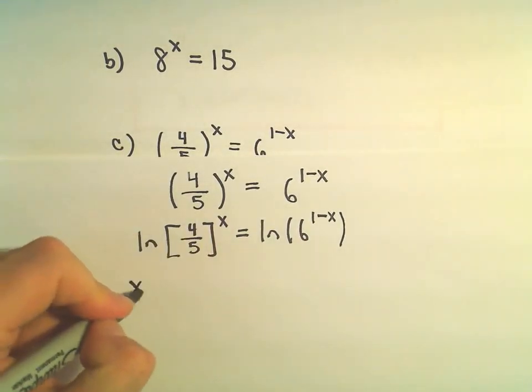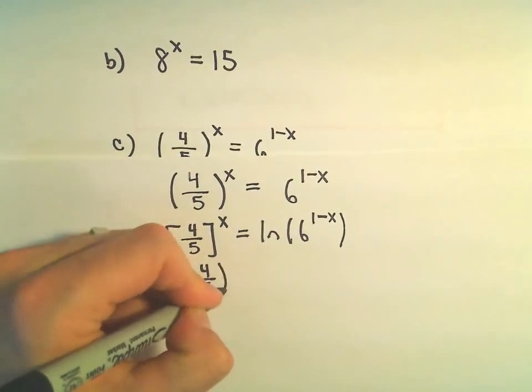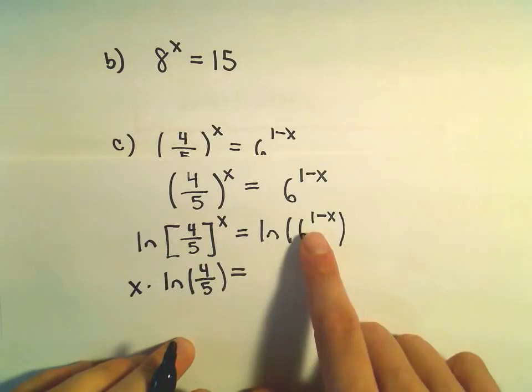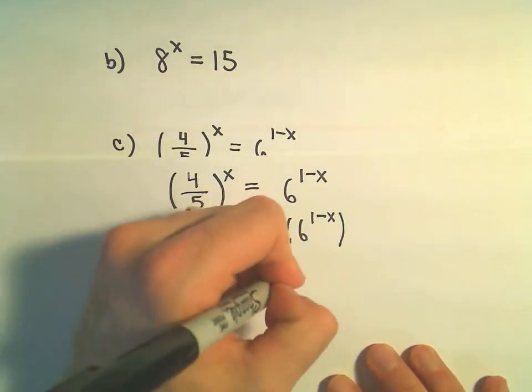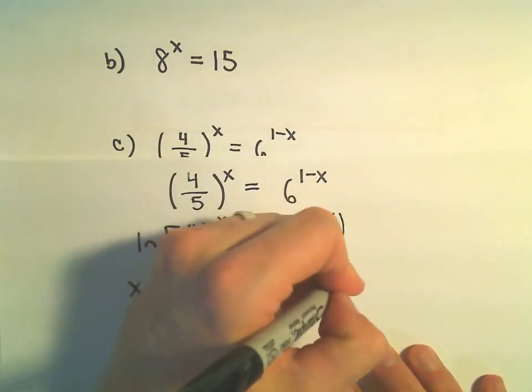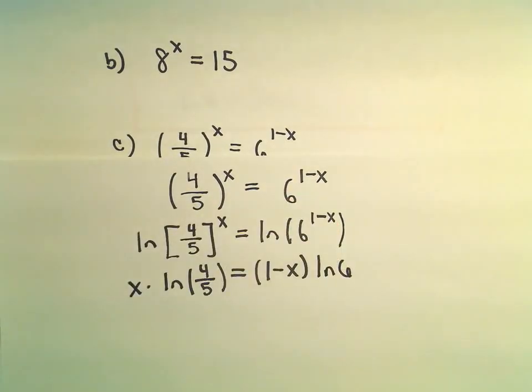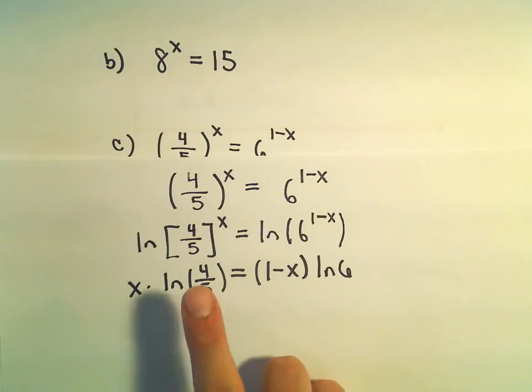So the x would come out front on the left side, and we'd have natural logarithm of 4/5. On the right side, 1 minus x, that's our exponent, so that's going to come out front. Notice I keep it in parentheses, times the natural logarithm of 6. And at this point, this to me is just a linear equation. Again, don't be thrown off by the logarithm.